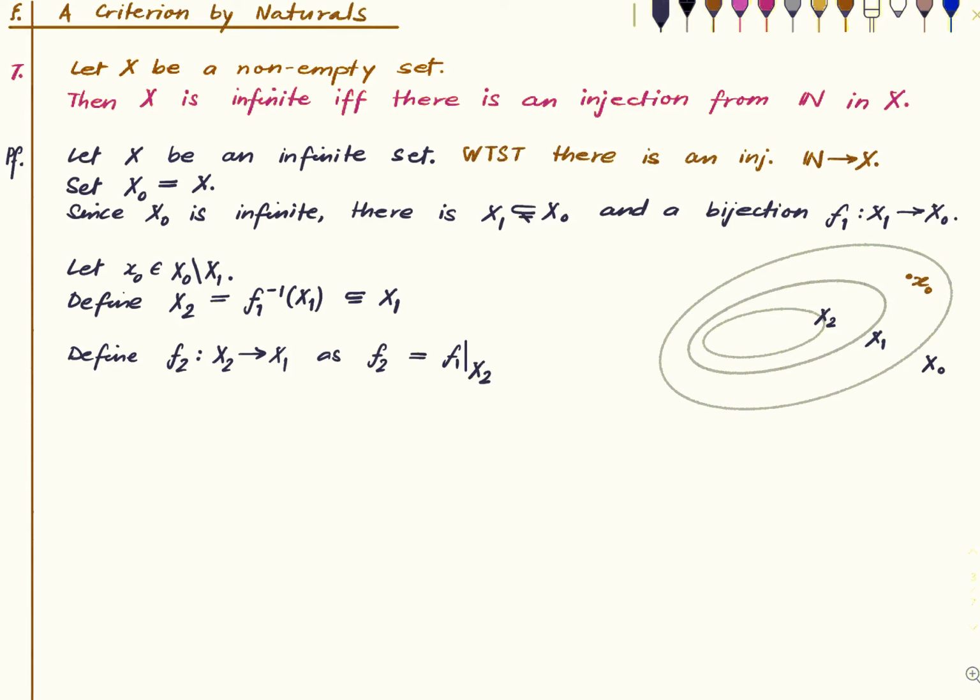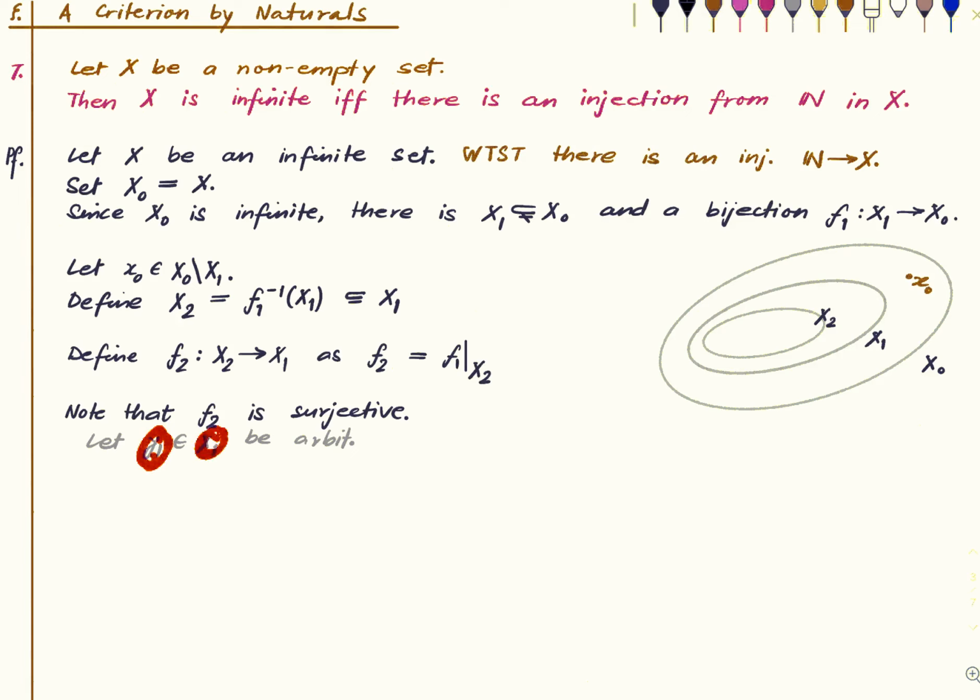So first of all, F2 is surjective. Why is this? To see this, we choose a point y1 in X1 arbitrarily. Now, y1 is after all a point in X0.